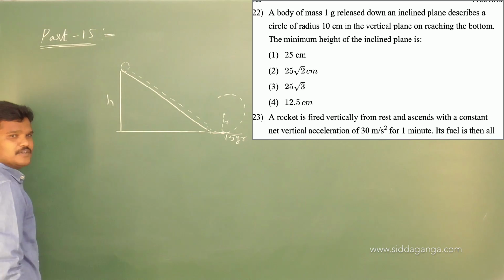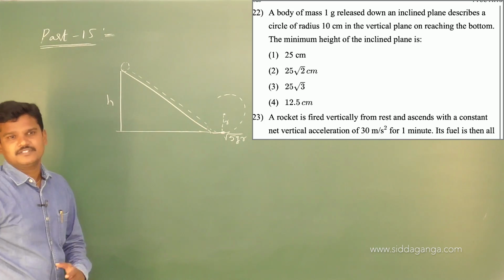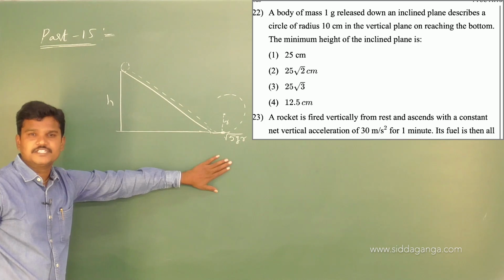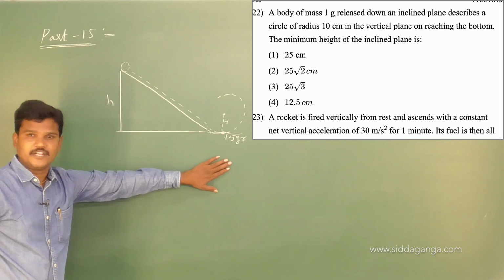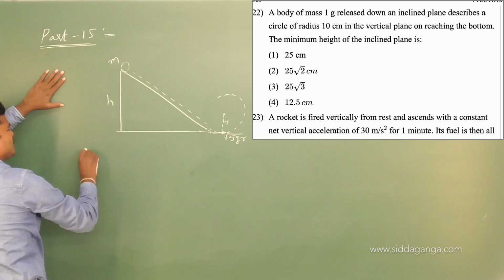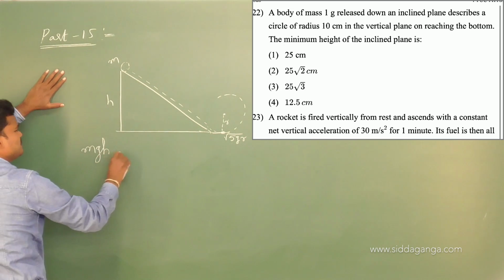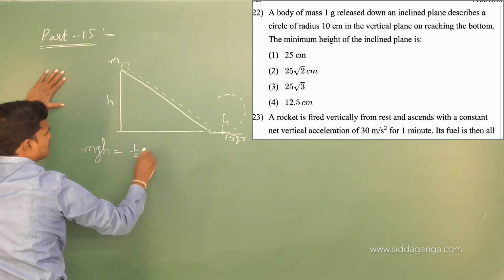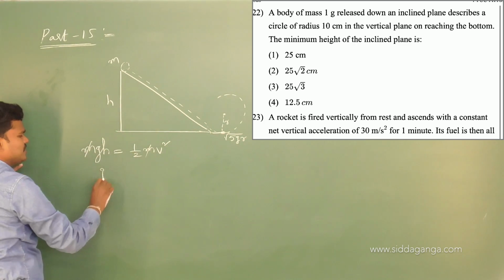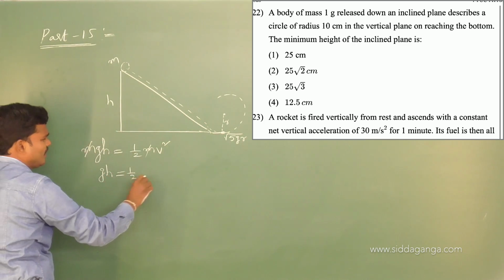Just use the law of conservation of energy to get the answer. Here potential energy is converting into kinetic energy. What is the potential energy here? If m is the mass, potential energy at the highest point is mgh, and at the bottom it is half mv square. So gh equals half v square.